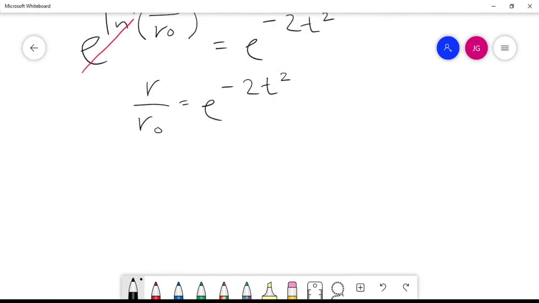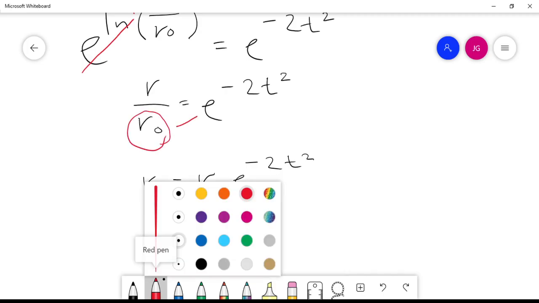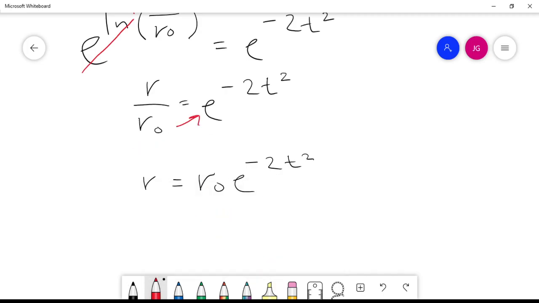Okay, afterwards, ato ang ibilin sa left side si r. Okay, that is r is equal to r0 e raised to negative 2t squared. So, again, transpose lang nato si r0 to the numerator.